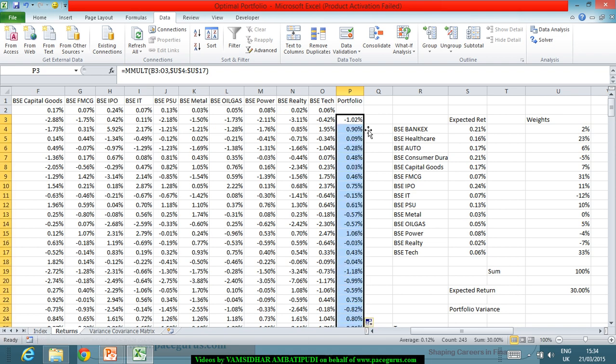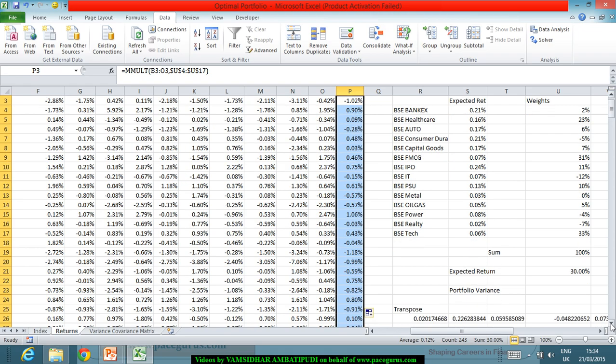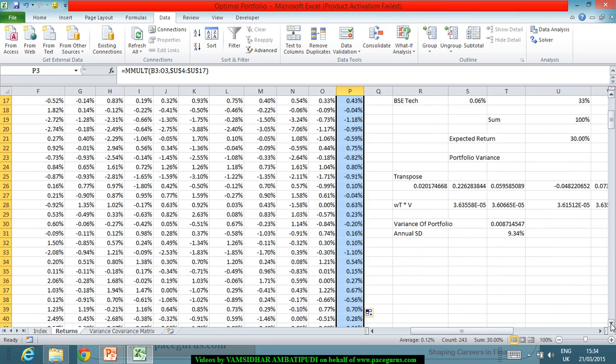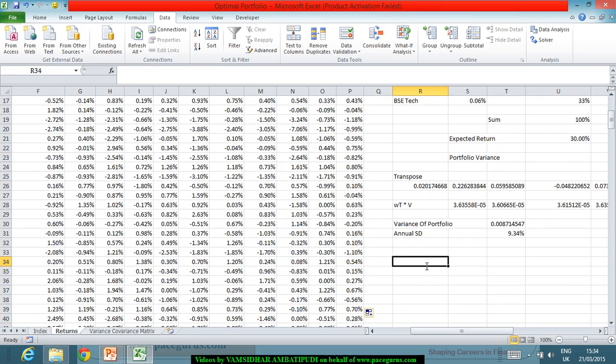If these are the weights, these are the portfolio returns. Now what I can simply do is, here I'll try computing the expected return of the portfolio, which will give me the average through this mechanism.